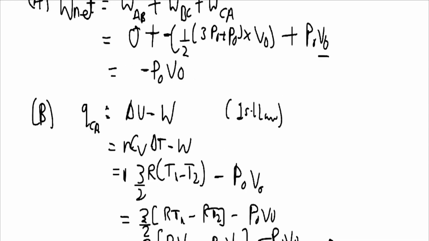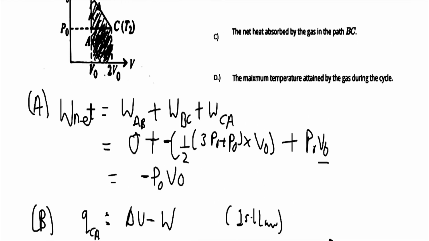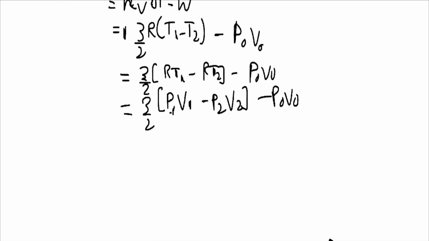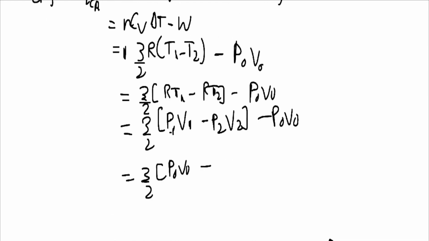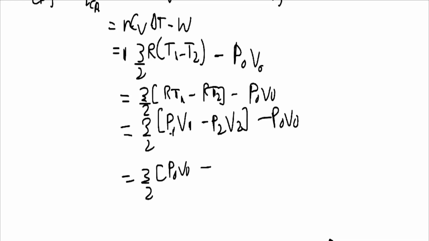And if you clearly see, at temperature T1 the pressure is P naught and the volume is V naught. So we can write this as 3 by 2 P naught V naught minus, at 2 the pressure is P naught and the volume is 2 V naught, that is P naught twice of V naught, minus P naught V naught.